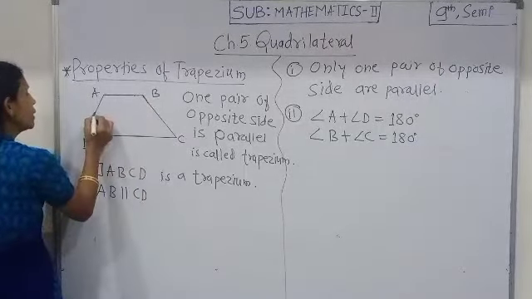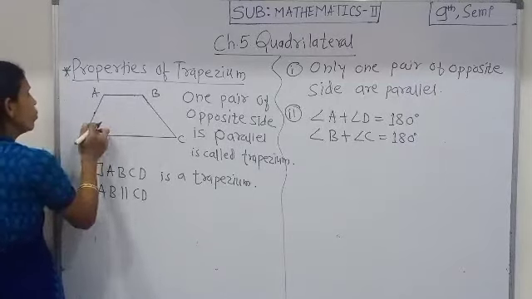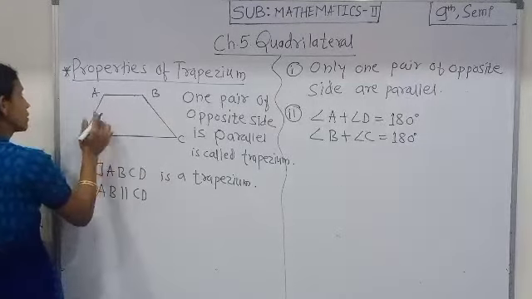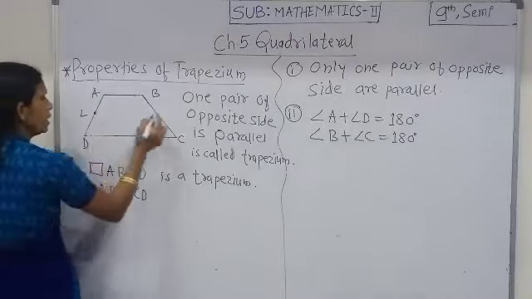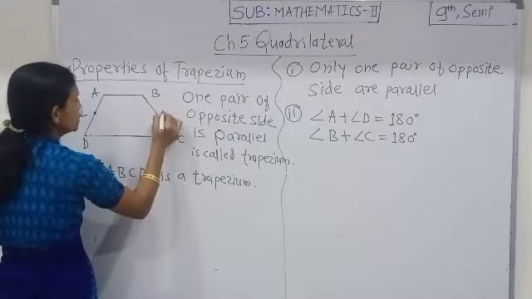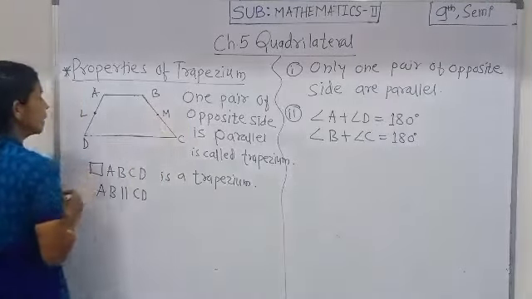Here L is the midpoint of side AD and M is the midpoint of side BC.